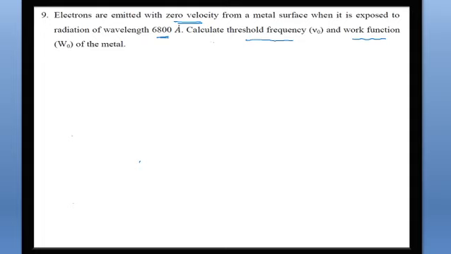Since we have the formula, kinetic energy is equal to incident energy minus work function, and this time it is equal to 0, which means h nu is equal to h nu naught. It is as simple as that. So you can take out h from here.